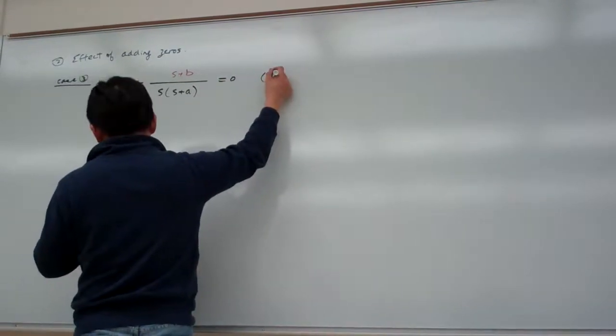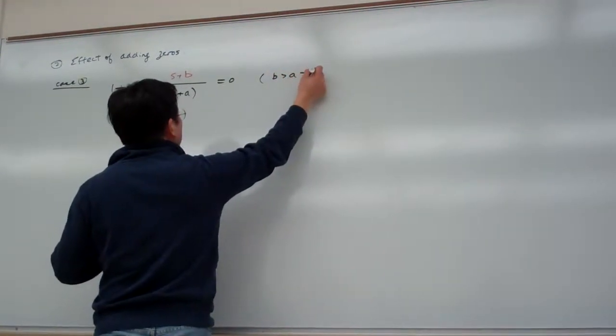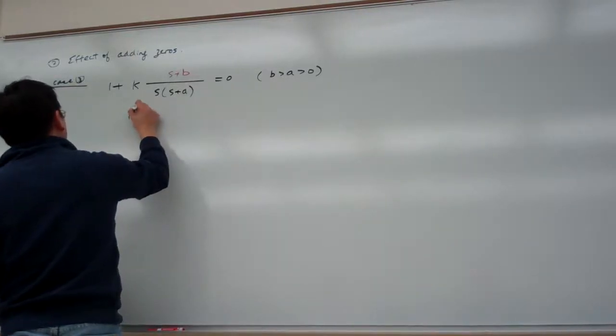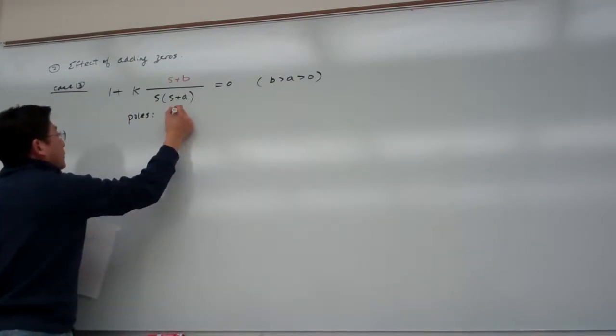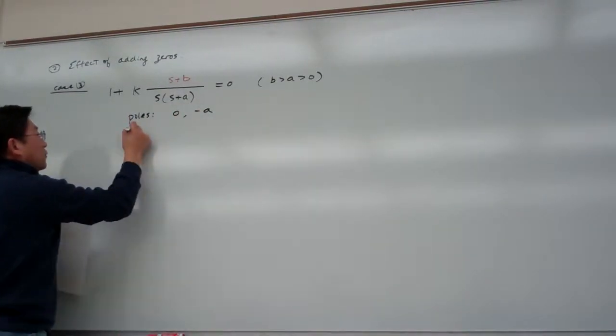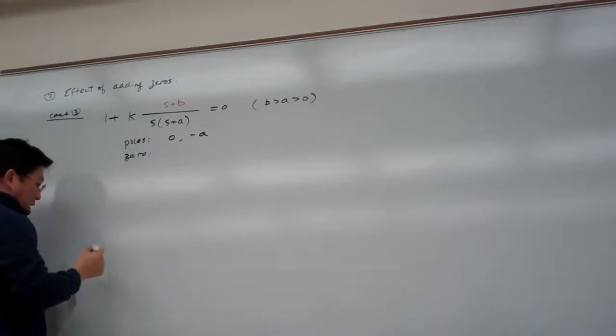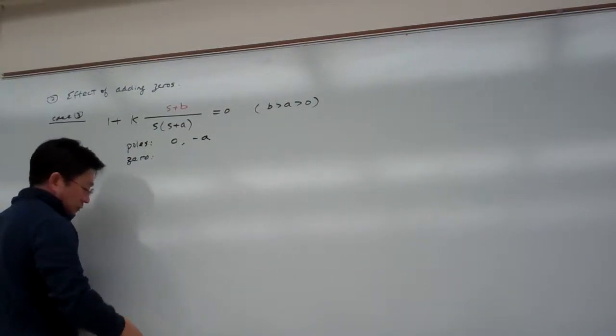So here is b plus a equal to 0. So here we have both 0 and minus a, and 0, and that is minus b.